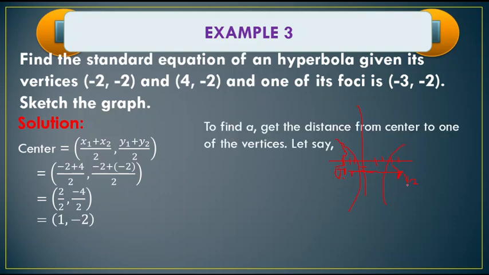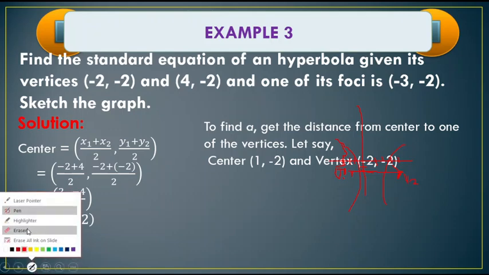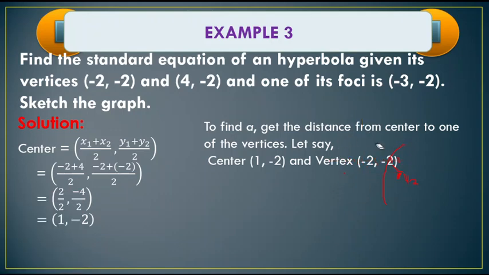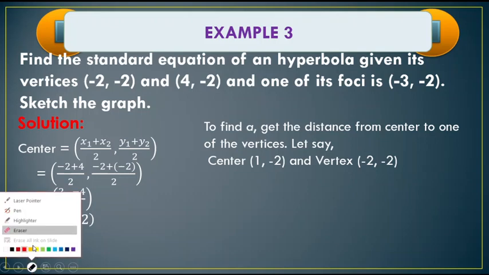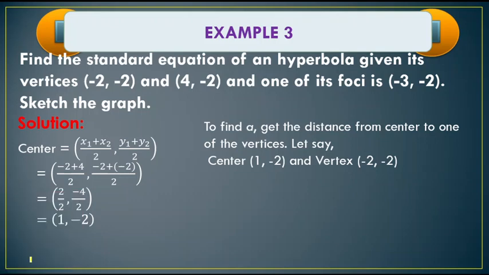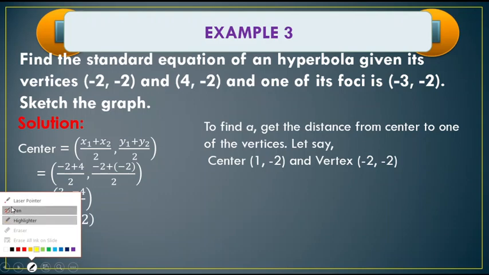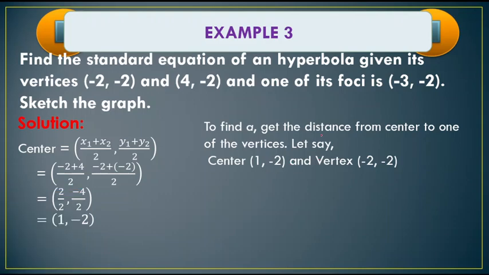Okay? Now, to find for the A, again, kailangan natin makuha si A, si B, at si C. So, this time, kuhanin na natin si A. So, from the center, that is (1, -2), and the vertex is (-2, -2). Erase lang natin para makita ninyo yung ating given.